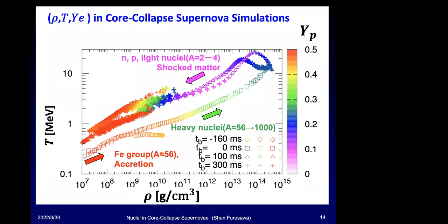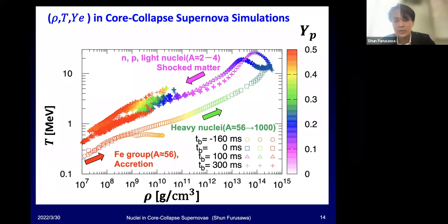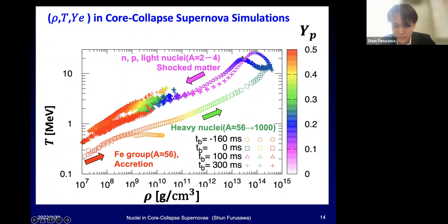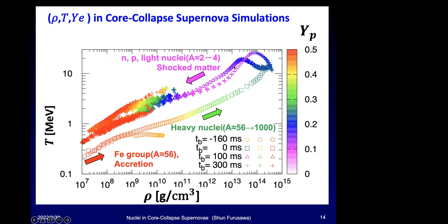Is there a correlation? It seems your equation of state has a relatively large electron fraction at the center. Does that play a role in the supernova simulation, whether it succeeds or not? Okay, that's my suspicion. Thank you anyway.